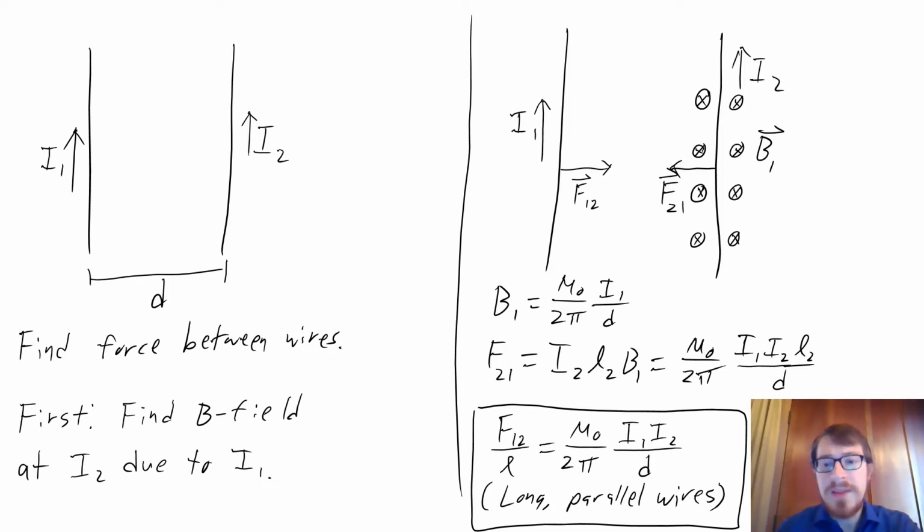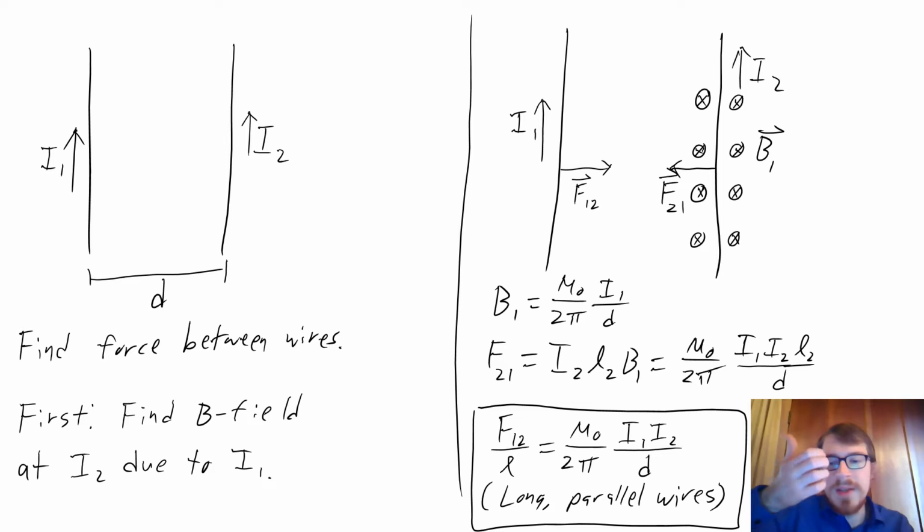So first we can find the direction of that magnetic field. We can find that direction using the right-hand rule. So current I1 is pointing upward, and so we can curl our fingers around that imaginary wire, and we know that the magnetic field is going to be tangential to a circle, a distance d away. So that leaves two options of which way the magnetic field can be pointing at I2, either into the board or out of the board.